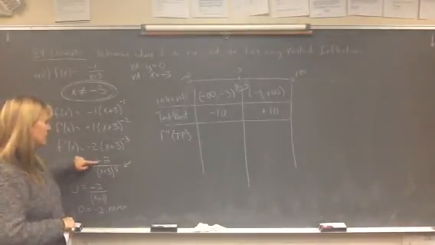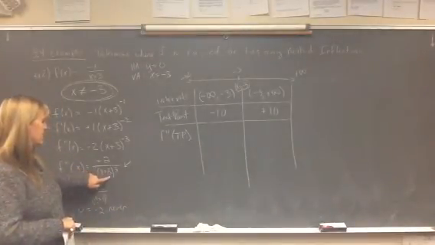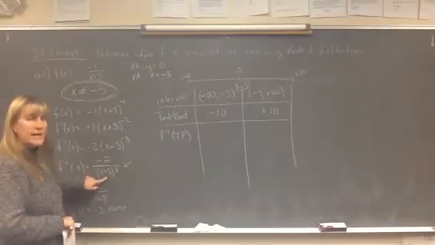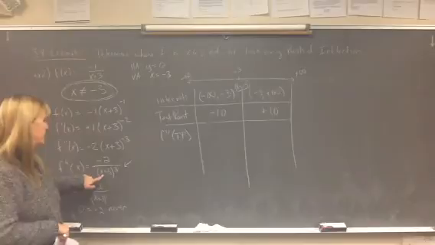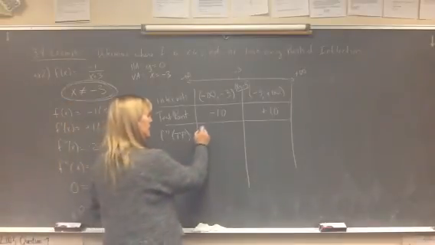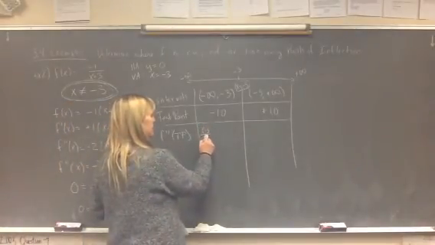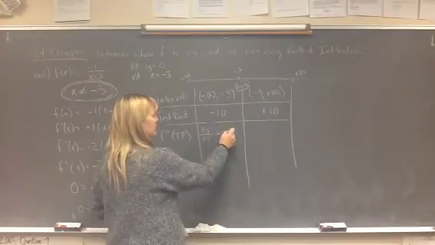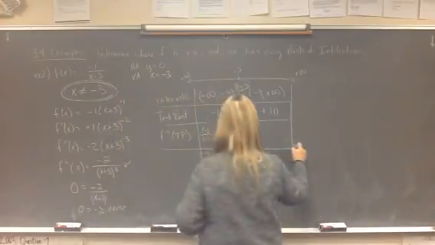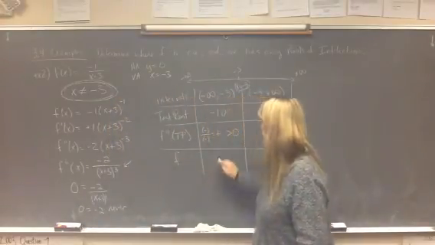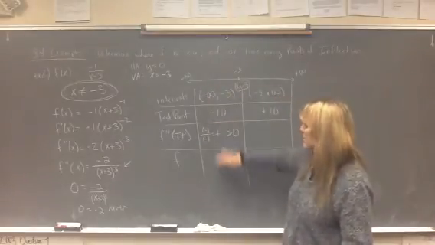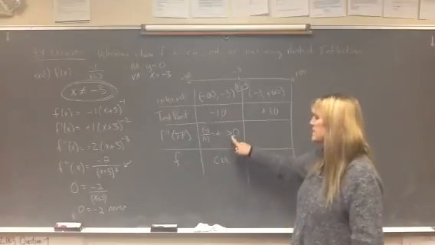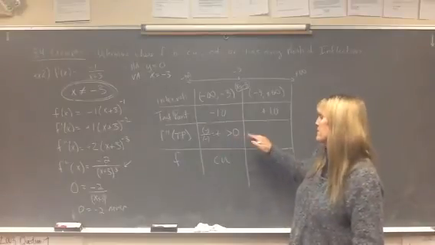So the numerator is always going to be negative, and if I put a negative in here, -10 plus 3 will give me a negative number. I cube a negative number, and I'm going to get a negative number. So that's going to end up being a negative value divided by a negative value, which is going to be positive. And positive values are, of course, greater than 0, so my original function is going to be concave up anywhere on this interval between -infinity and -3, because the second derivative is greater than 0.